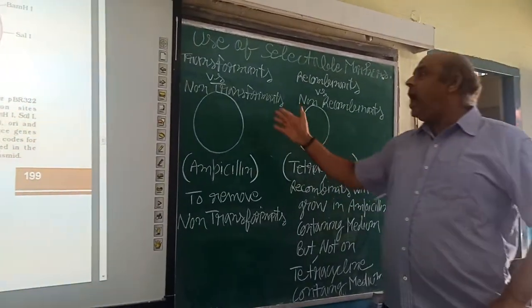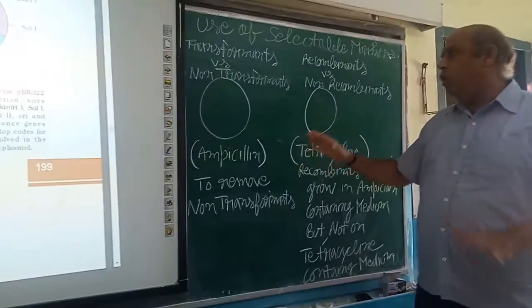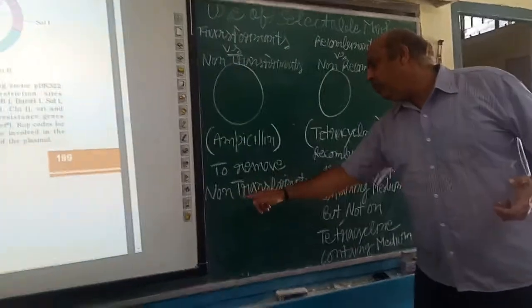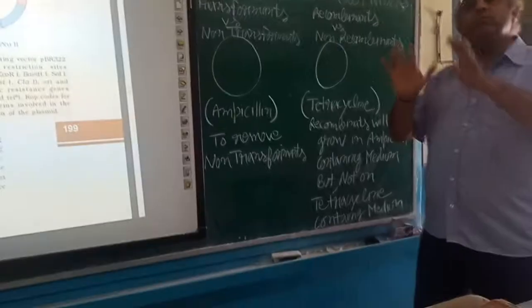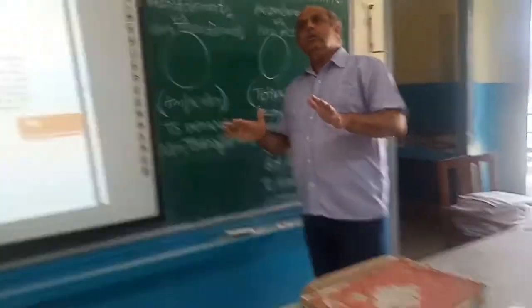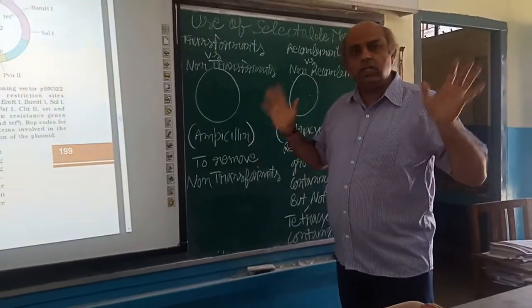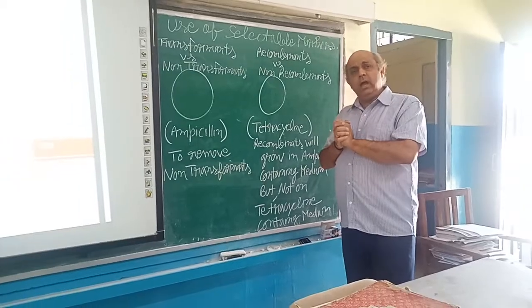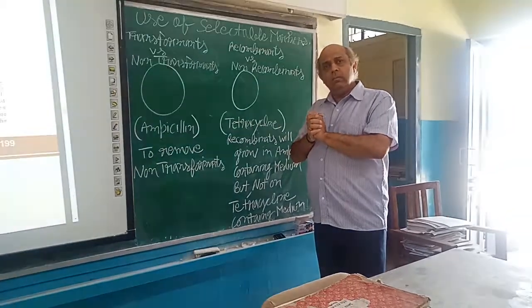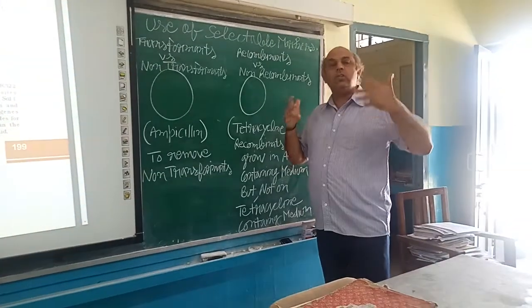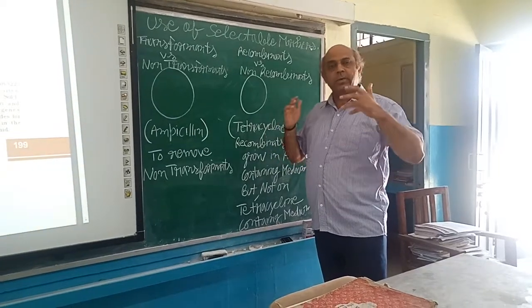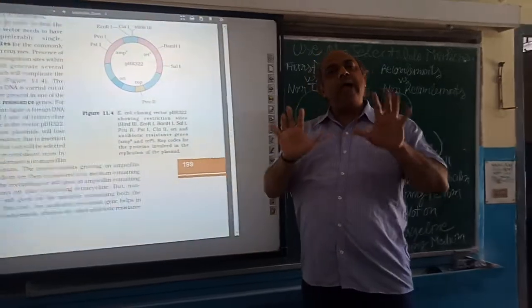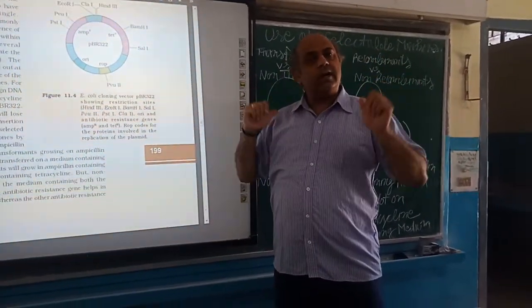So we are culturing the bacteria on a petri dish having ampicillin to remove non-transformants. It will remove those bacteria which had not been transformed. Now we have two types of bacteria that we call transformants. Transformants mean either they have the normal plasmid or they have the recombinant plasmid, the recombinant DNA.